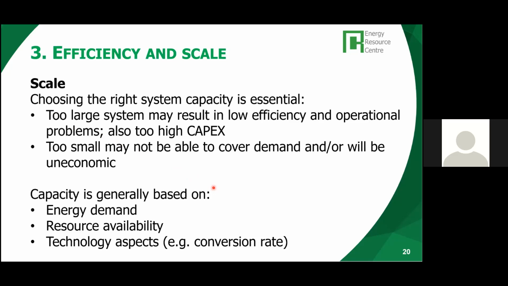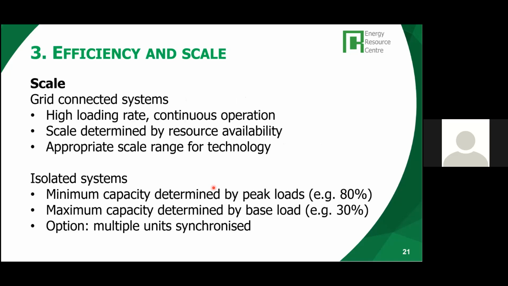Resource availability, which is usually the limiting factor in grid-connected systems, and technology aspects, for example, the conversion rate of biomass to energy. What we see in grid-connected systems is generally higher loading rates.